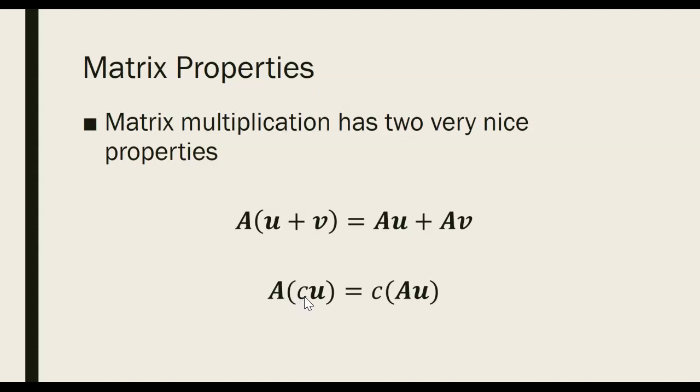We can take a scalar number, any real number, and we can put it inside or outside. So we have the distributive property over vector addition, and we have an associative property over scalar multiplication. Now, if you think about this, what this matrix is doing is preserving the addition.